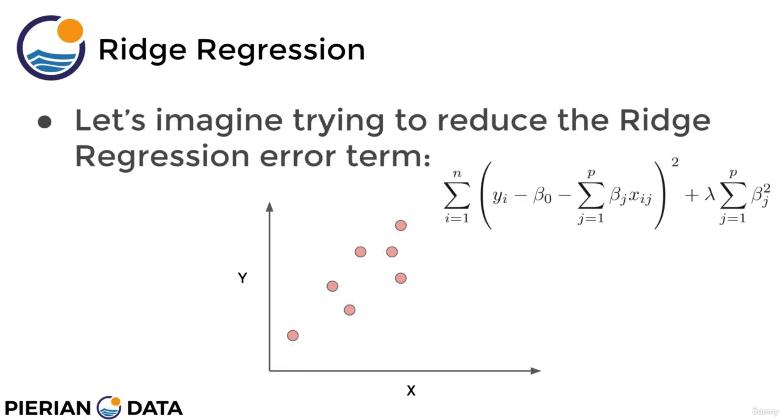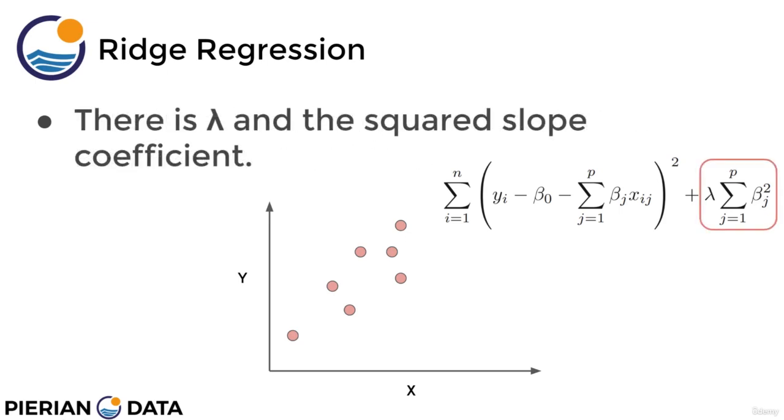So how does this actually work mathematically? Let's imagine we're trying to reduce the ridge regression error term. And the ridge regression error term is that same RSS plus the shrinkage penalty. And to help with this thought experiment a little further, we're going to consider that lambda is equal to 1.